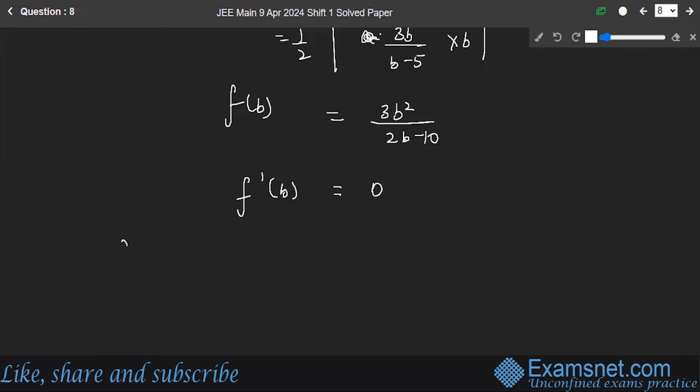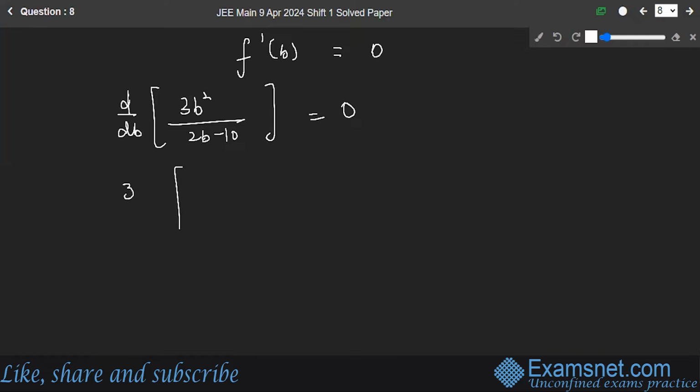This will be d by db of 3b squared upon 2b minus 10 is equal to 0. Or 3 by 2 I'm taking outside. This will be d by db of b squared upon b minus 5. Right, now it's easy.